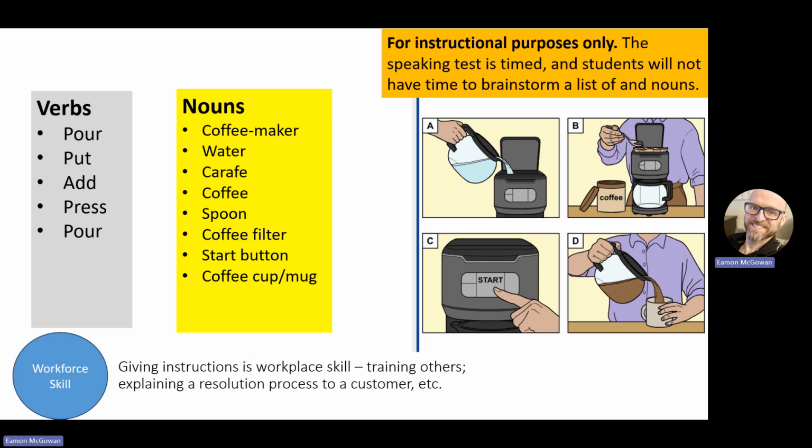And now it's time for students to take those verbs, take those nouns, and create a sentence for each picture. And I tell my students, how many pictures? 4 pictures. So how many sentences? 4 sentences. Yes.